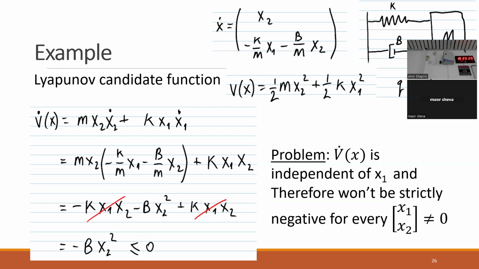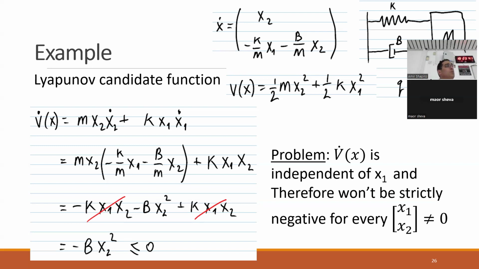And therefore it won't be strictly negative for every x1, x2, because it does not depend on x1.